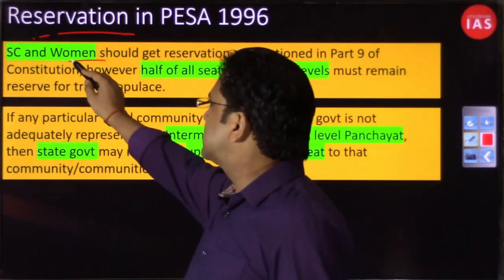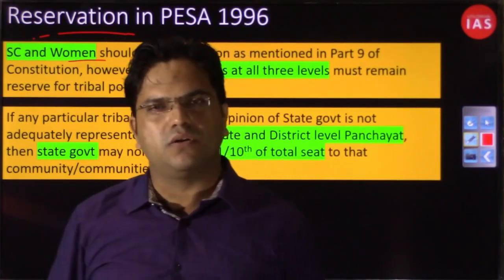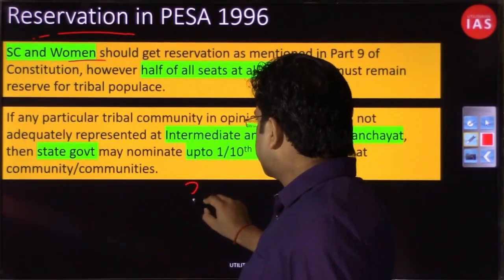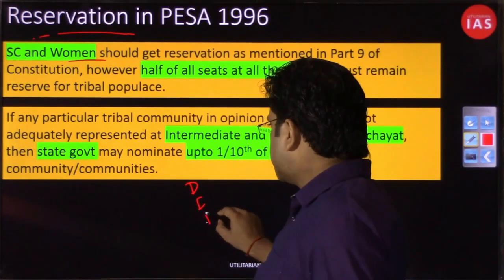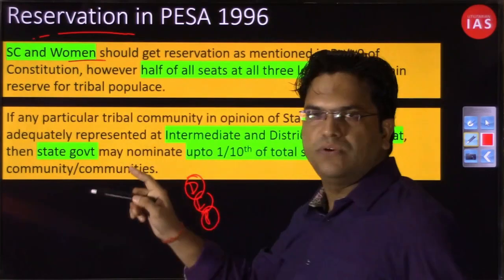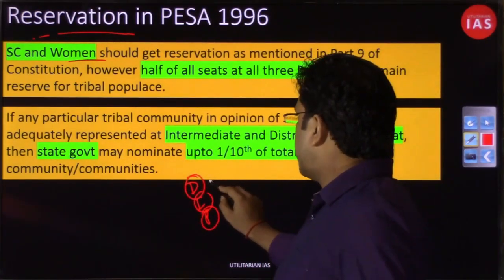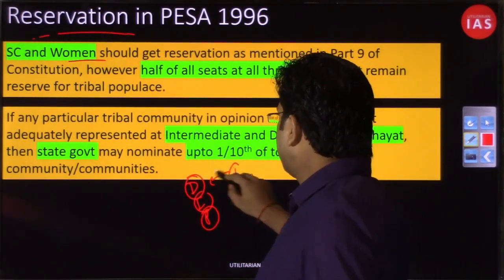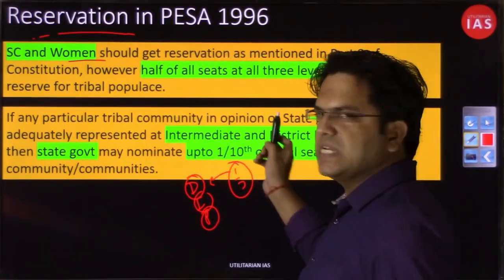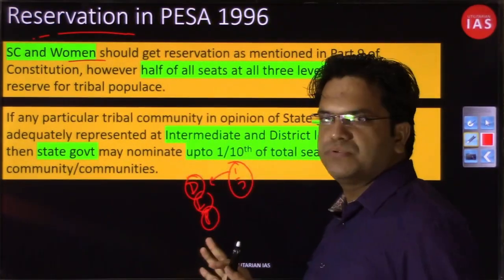As far as women are concerned, women will also get 1/3 of the representation or 1/3 of the seats at all three levels, district level, intermediate level or panchayat level, right? At all these three levels in that scheduled area, women will have 1/3 of the reservation. So with respect to SC and women, you have similar provisions as in the 73rd constitutional amendment.